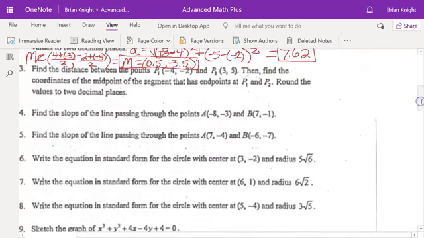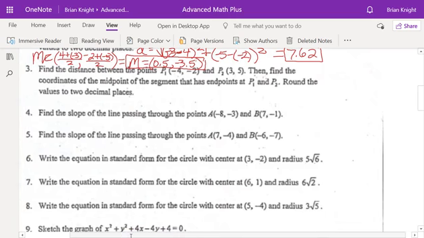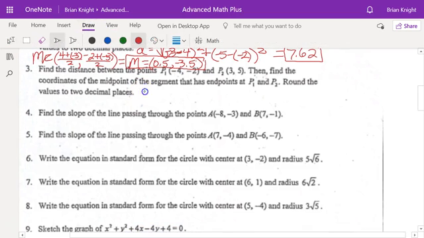Number 3, last one of these. So we have our distance will be the square root of 3 minus -4 squared plus 5 minus -2 squared.